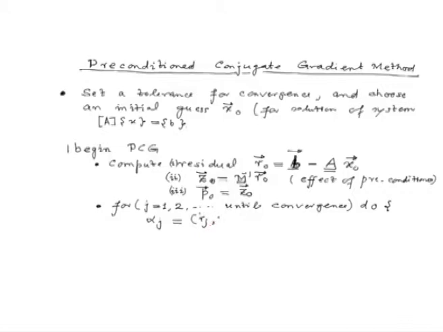Rj comma Zj divided by A Pj comma Pj. Now, this bracketed term has a very specific meaning. Let us write it down in some corner.